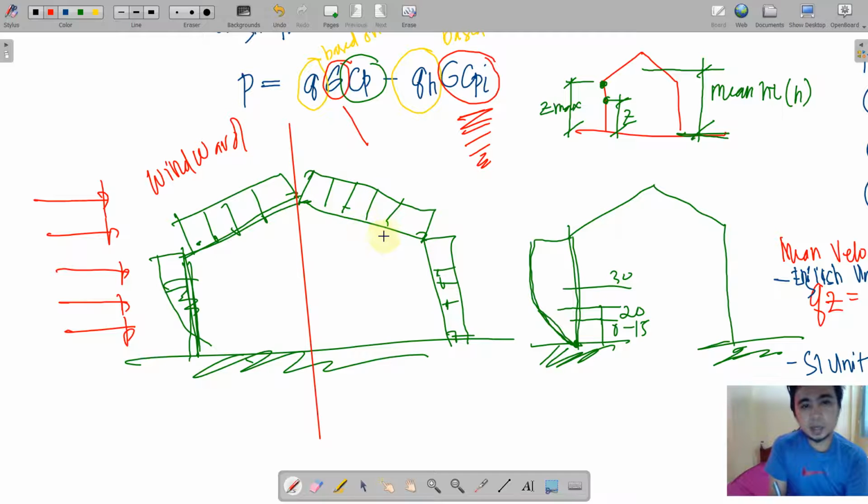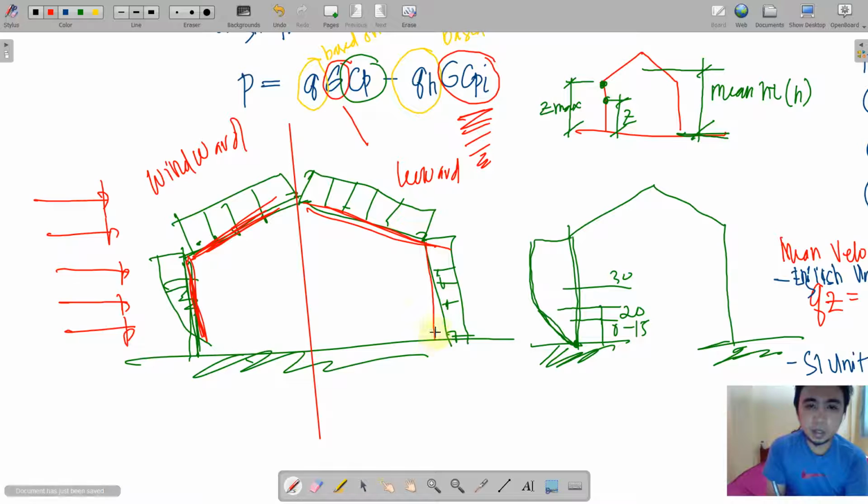So kapag nasa kabila yung wind, ito yung tinatawag na leeward. Kaya pag sinabing windward wall, ito yun, windward wall. Pag sinabing windward roof, ito yun. Kapag leeward roof, ito yun. And if we have a windward or leeward wall, ito yun.